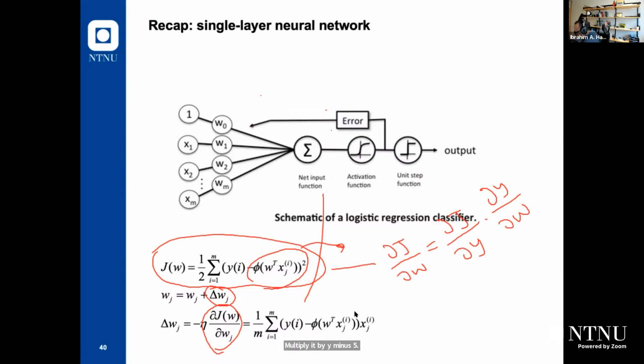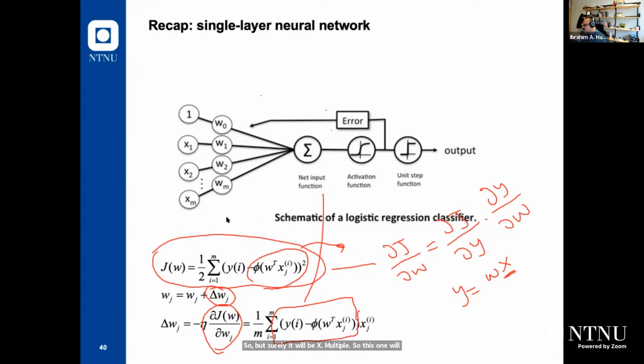Partial j by partial y will be that part. Right? And for partial y by partial omega, y equals omega x. So partial y by partial omega will be x multiplied by x. So this one will be the rule for adjusting our weights.